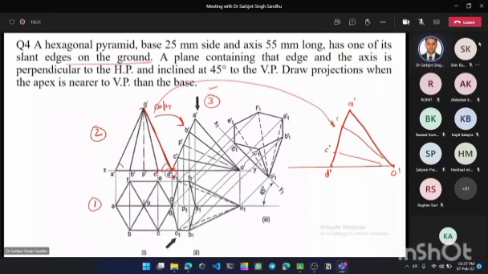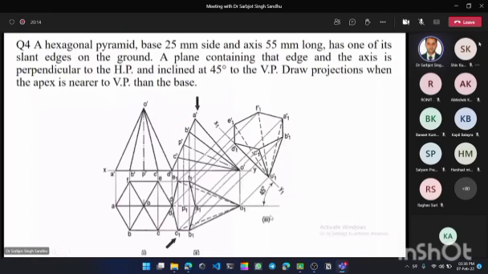Now draw the vertical projection of all these points. And then draw the horizontal projection of all these points. This is the horizontal projection of F. So you need to show all these points. This is A dash, B dash and F dash, C dash and E dash, and D dash. So this point is C dash, D dash.